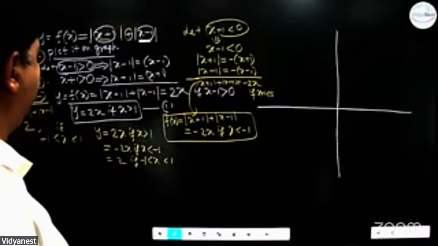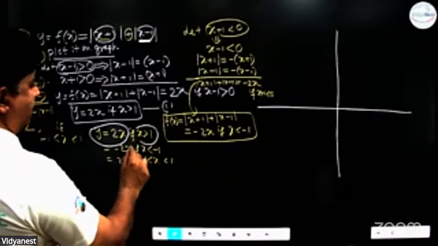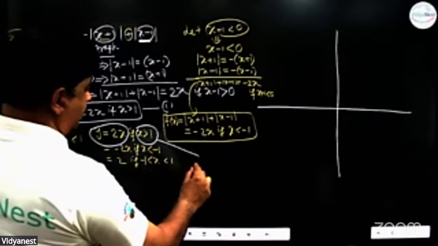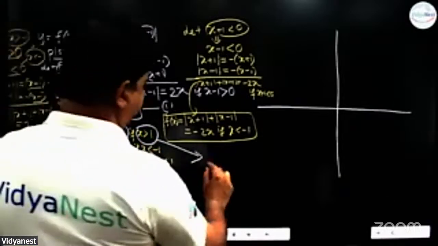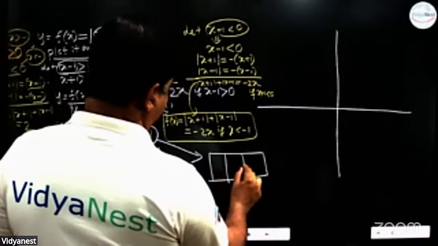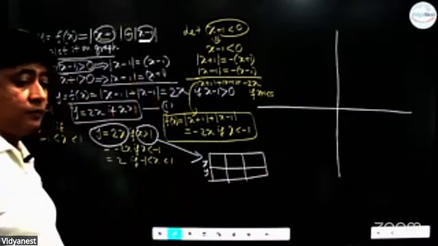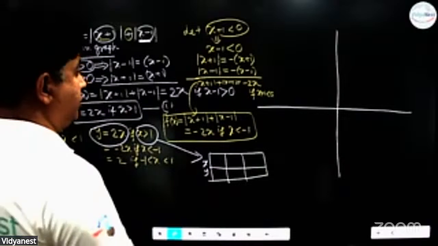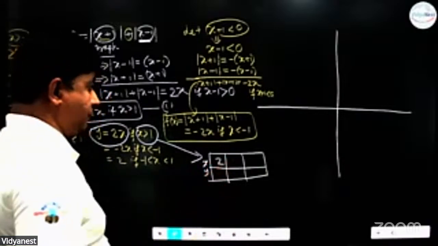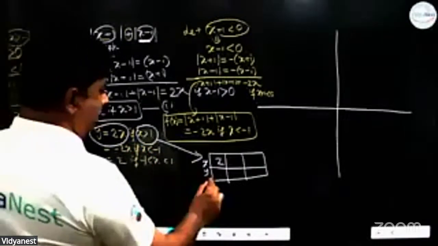First of all, y is equal to 2x when x greater than 1. Let us draw one table. x greater than 1, choose 1, 2, you will get 4.